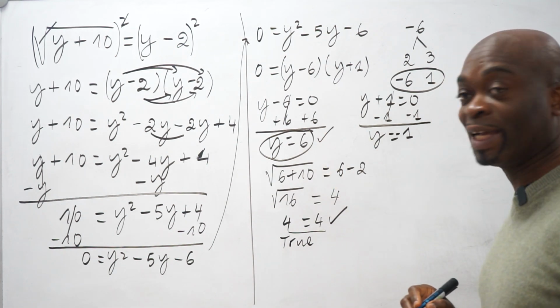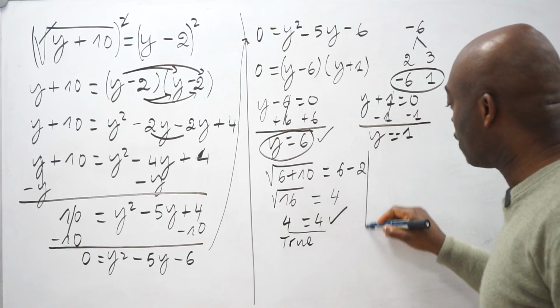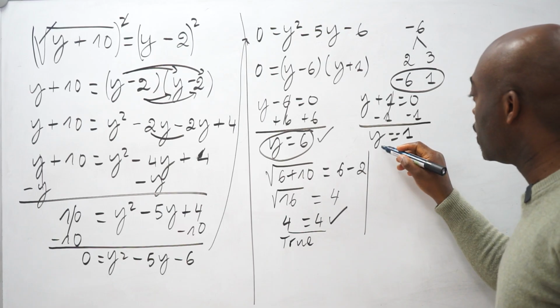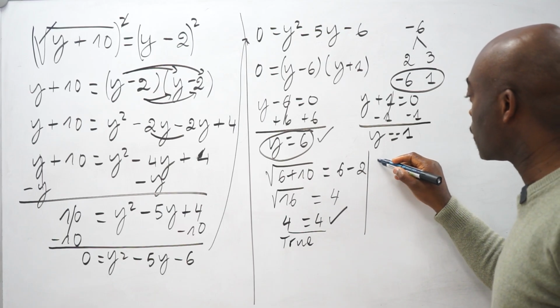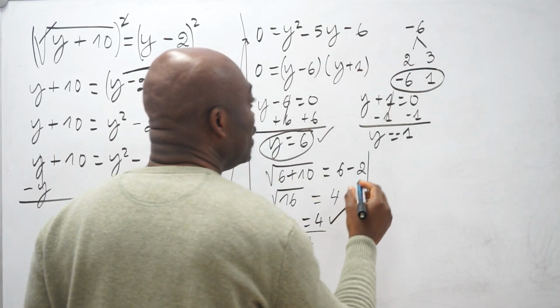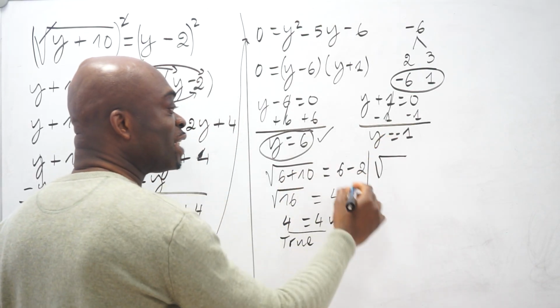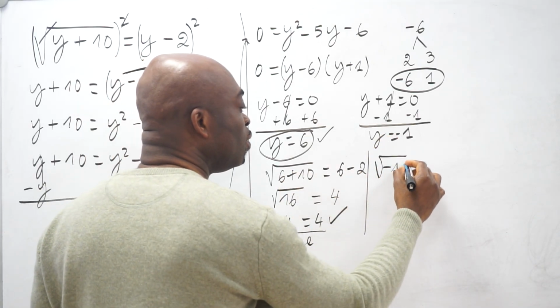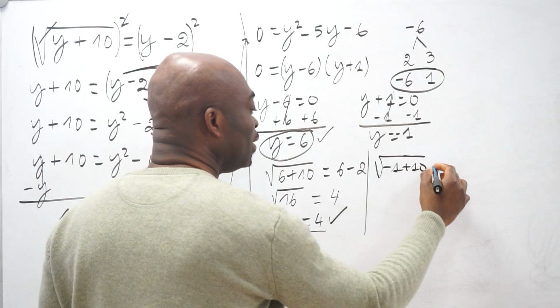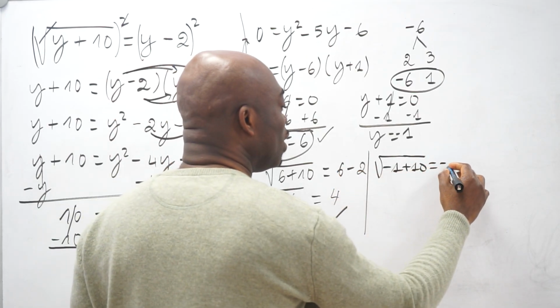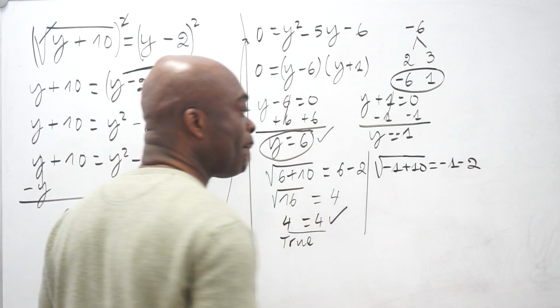So that's good. That means y equals 6 is definitely a good answer for this equation. Now let's go for the second one. So checking part for this one, we have square root of, instead of 6, we have -1 plus 10. That should be equal to, then instead of 6, we still have -1 minus 2.